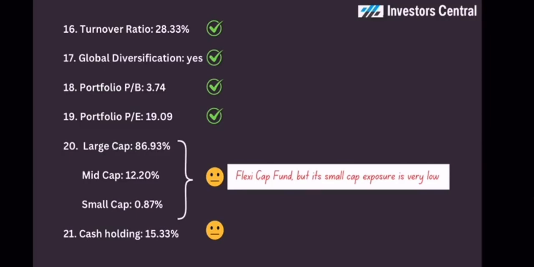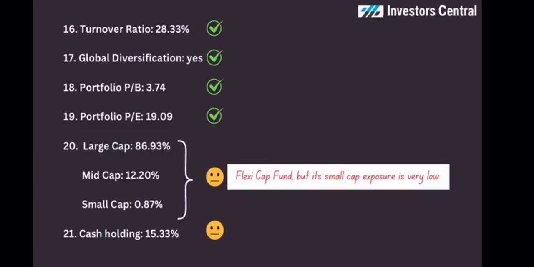But if you are investing in this fund, you are getting largest exposure in giant and large companies at 87%, and mid cap exposure is only 12.2%, and small cap is almost 0.87, not even 1% exposure we are getting to small caps. Coming to cash holding, as of now it is 15.33%.